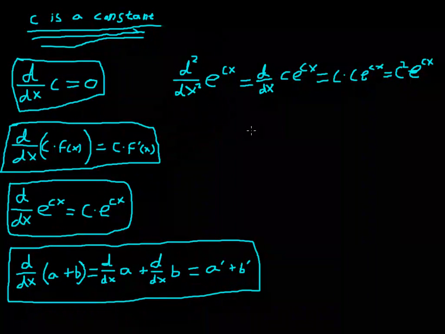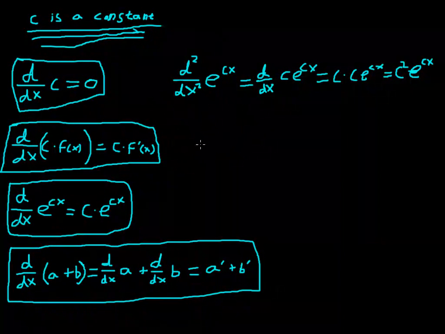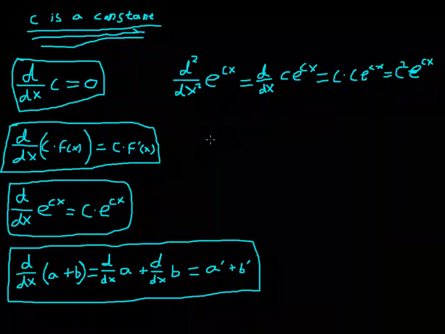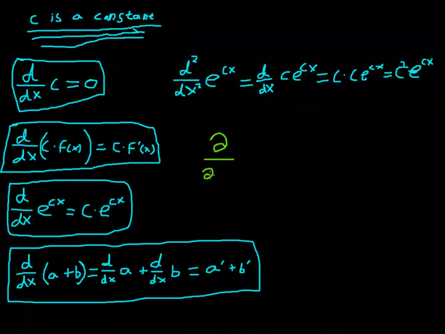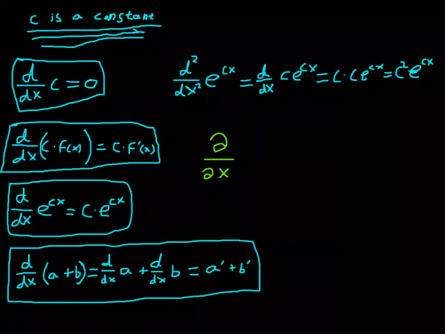Okay, now, finally, we can use partial derivatives. I'll switch to a new color for this. A partial derivative is going to be this curly d by dx. And all this does, it is the same as an ordinary derivative. It works the same way. However, the only difference is that it can act on a function of more than one variable.